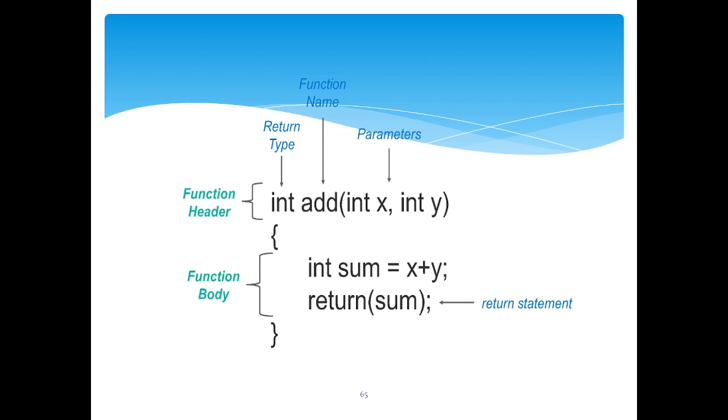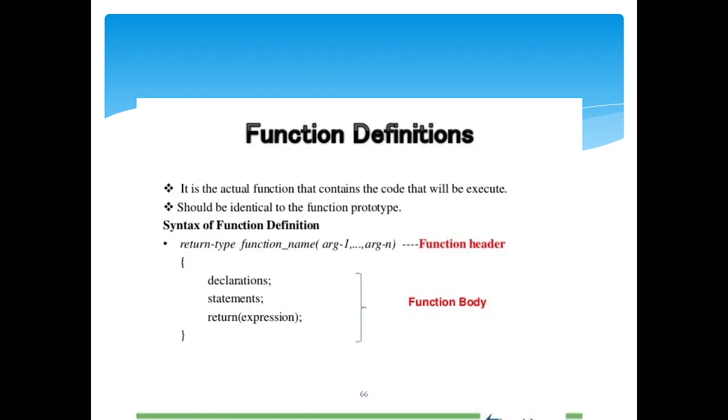Declaration is also very important. Function definition is the actual function, the main function where the code will execute. Remember it must be identical to the function prototype. Whatever header you have given, it must be identical: return type, function name, and arguments, declarations or statements or return types, whatever you want, you can give inside them.